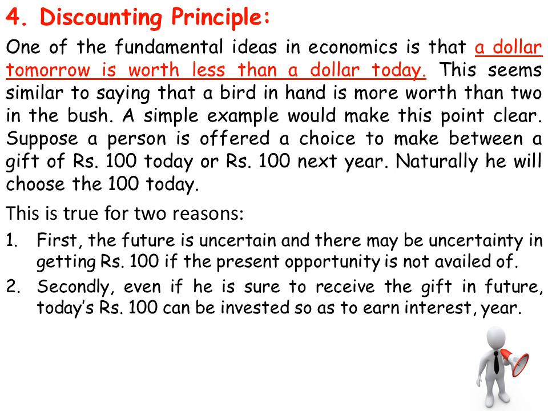When the money value differs, he has to find out the net value of today's money compared to next year's money, which is called the discounting principle. This is otherwise called discounting, or calculating net present value.